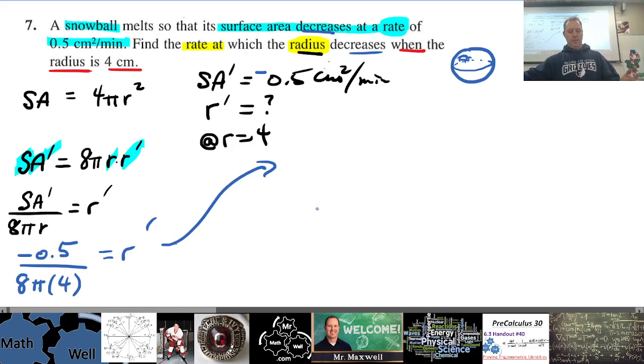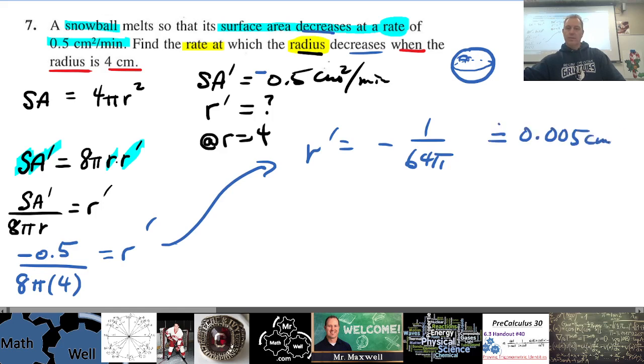So on your calculator, what do you get there? You should get negative 1 over 64 pi. R prime is negative 1 over 64 pi, or roughly 0.005 centimeters per minute. Something like that.